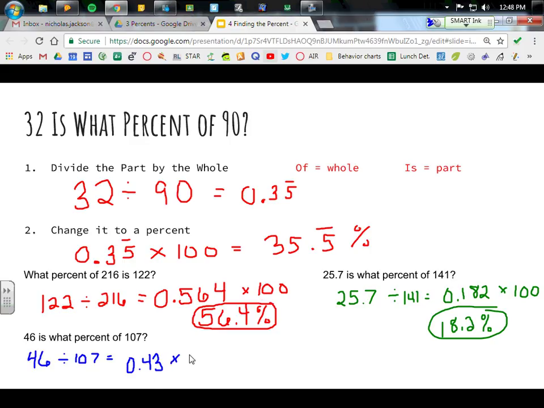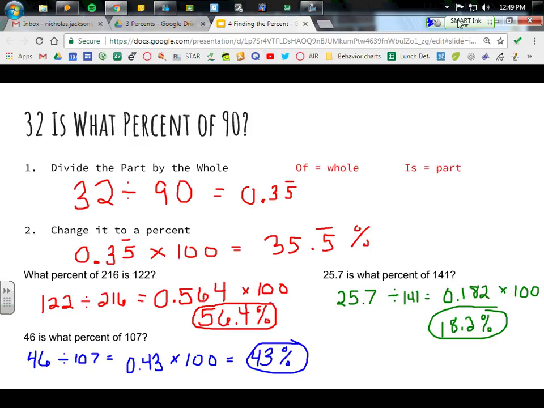We multiply that by 100, and that's about 43%. Just about, not exactly, but pretty close.